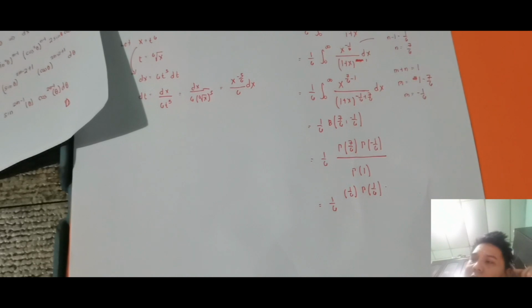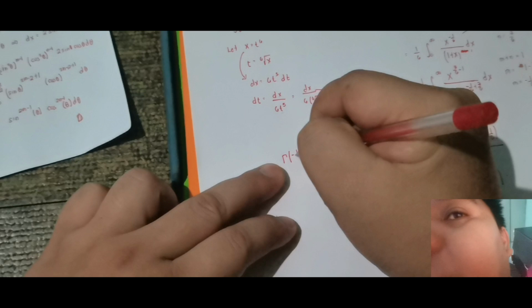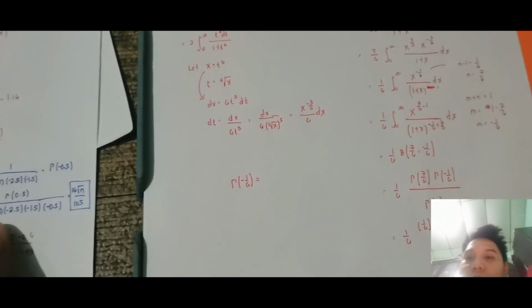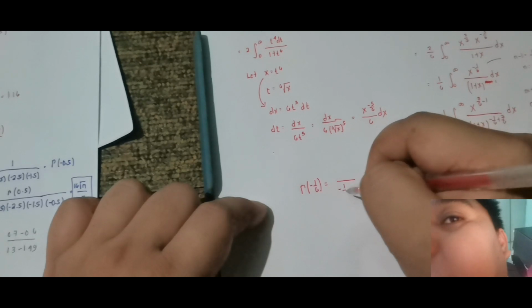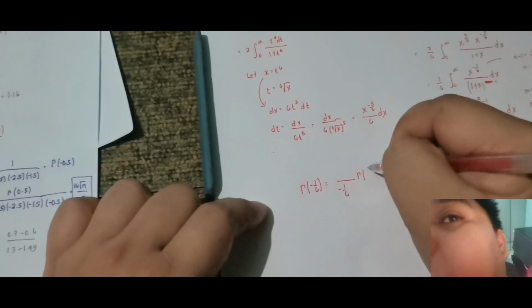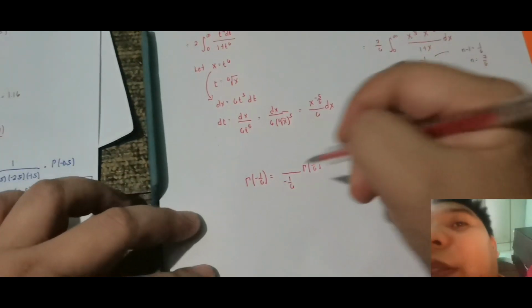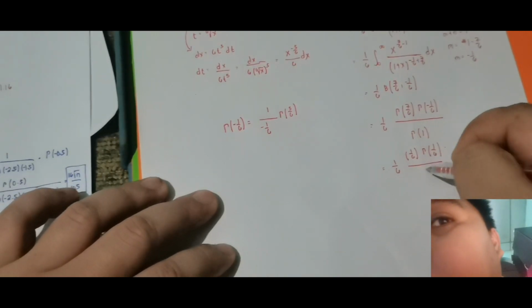Nakalimutan ko, sorry. Ang gamma ng negative 1 over 6, this is just equal sa, paano yung pattern? Sa ilalim siya ilalagay, so mapupunta sa ilalim yung negative 1 over 6. Tapos, may matitira na gamma ng 5 over 6. Ganun yung mangyari. Okay, all over 0 factorial.